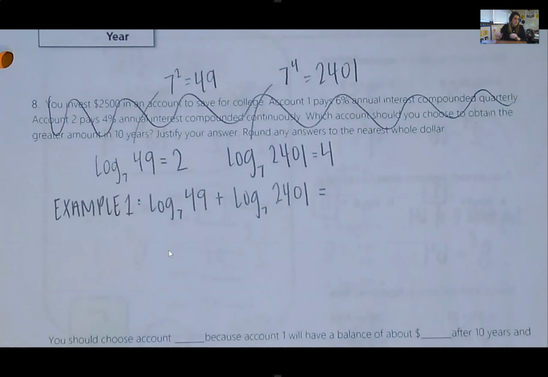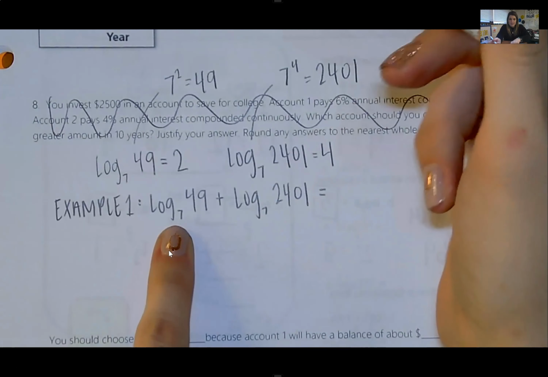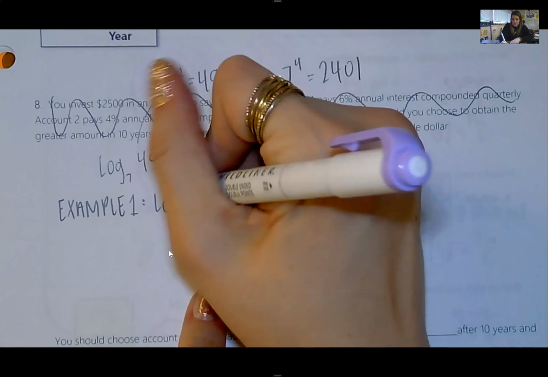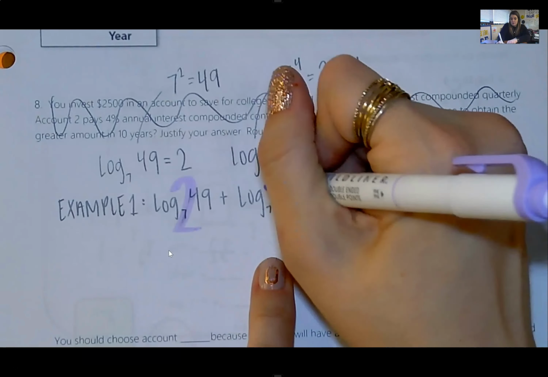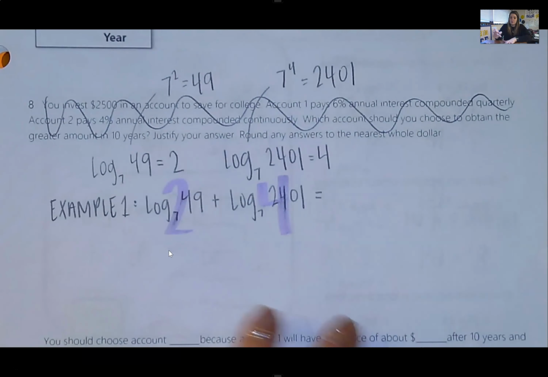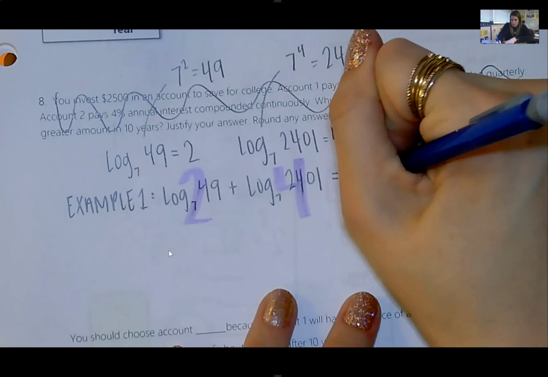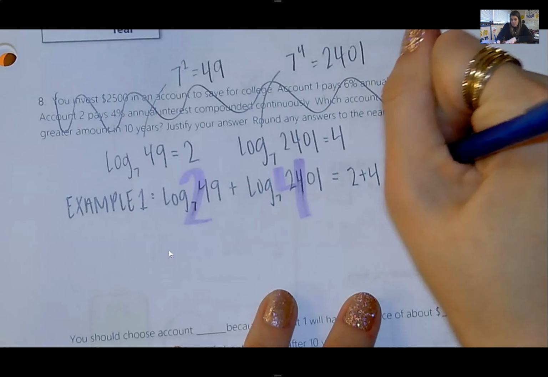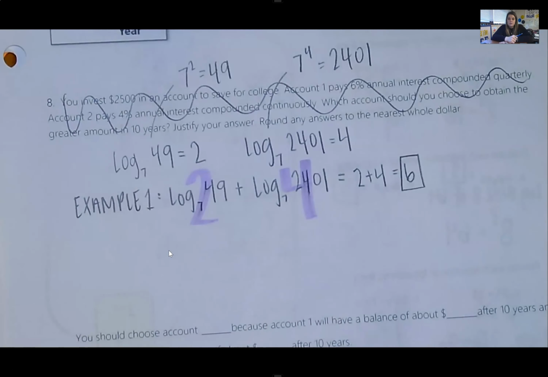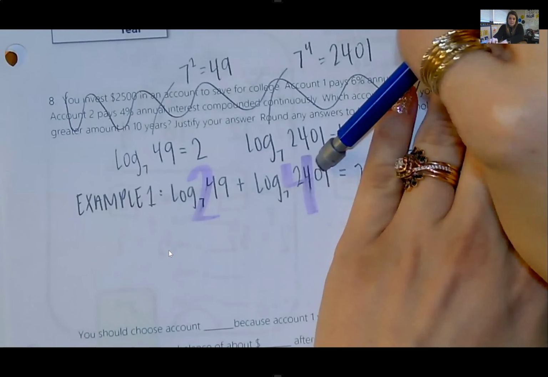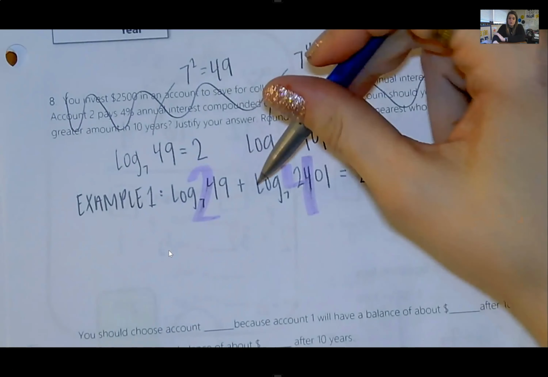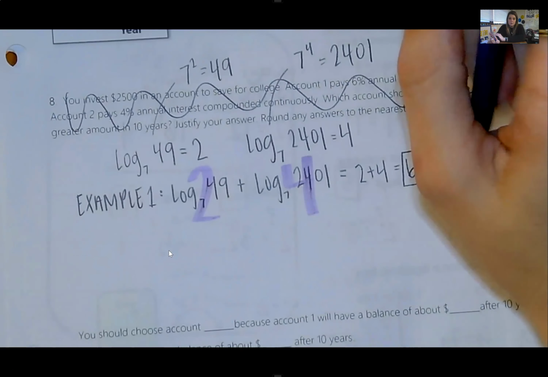Well, hopefully this one's easy because what we just calculated together was that log base 7 of 49 is 2 and log base 7 of 2401 is 4. So really this is just 2 plus 4, which is 6. You evaluate the logarithm separately and then you do what it's asking you to do. In this case it was addition.